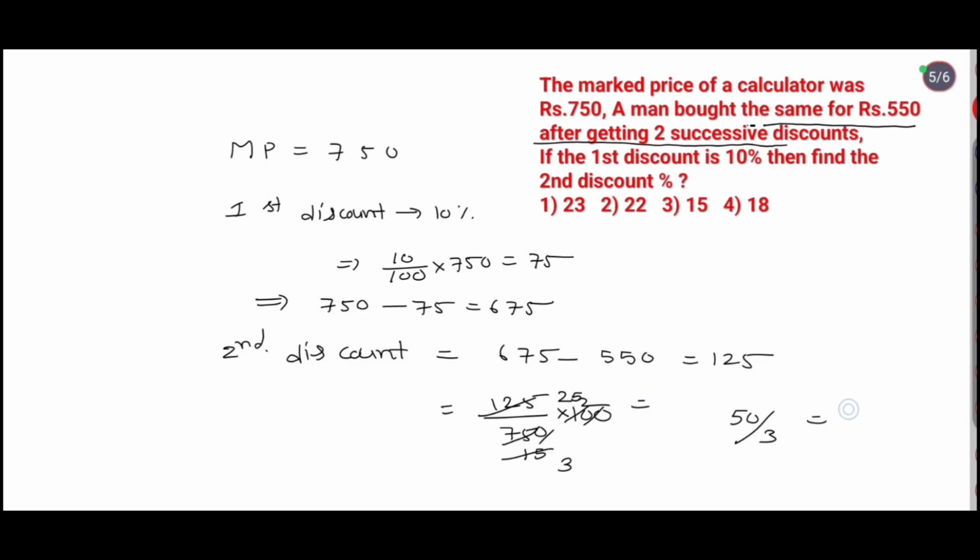Option number 1 incorrect, option number 2 incorrect, option number 3 also incorrect. 16 point something, so 4 options are incorrect.